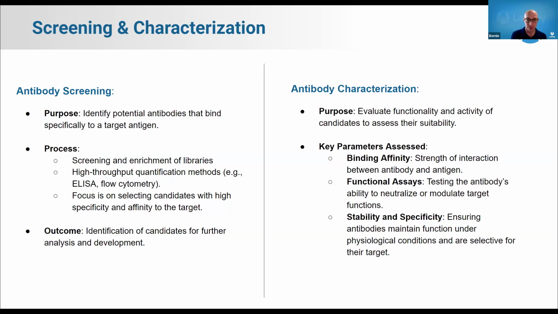And a lot of that analysis is characterization. It's the generation of a profile for the selected set of candidates to further assess their functionality, their biological activity, and what boils down to their suitability as candidates for further development.